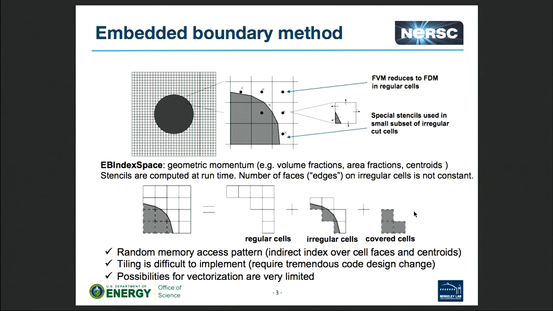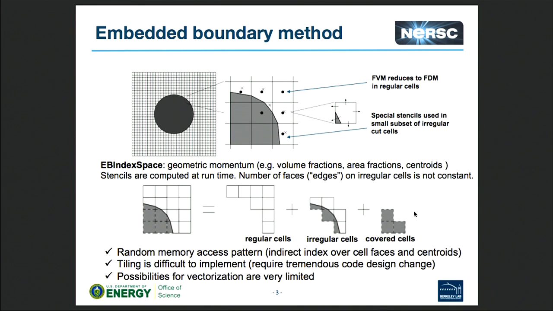This is a cut cell. In the computational fluid dynamics world, it's known as the embedded boundary method or cut cell Cartesian method. For example, if our complex geometry is just a sphere, the solid phase is represented by a sphere.